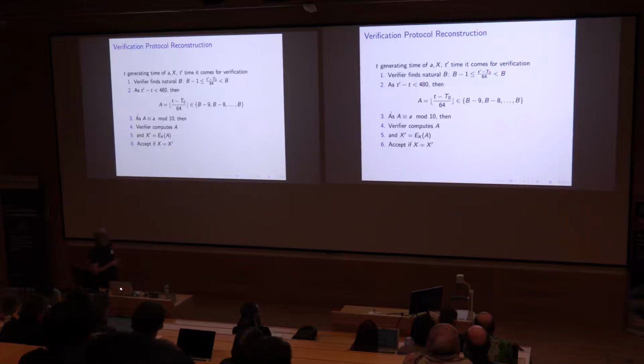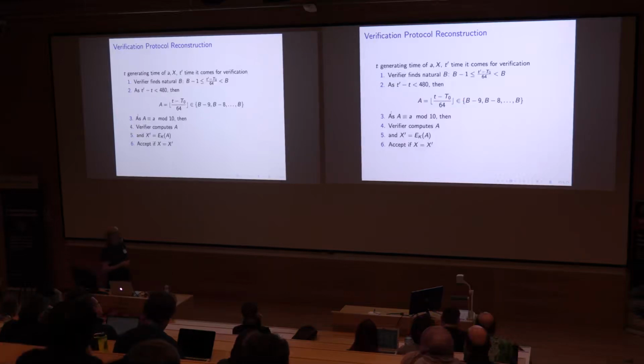As the distance between these two times is at most this many seconds, we can find that this number belongs to a set of 10 consecutive natural numbers. And because the leftmost digit is congruent to A modulo 10, it's easy for the verifier to find the exact value of A. Then the verifier computes a 5-digit combination X prime and accepts the whole password if they coincide.